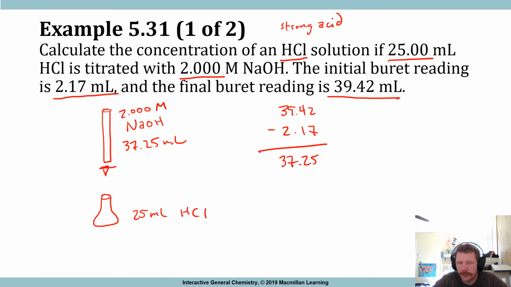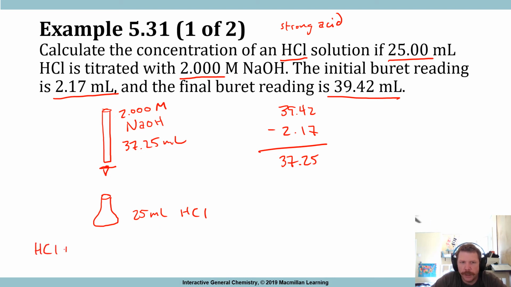Now essentially what this shows us is we know the concentration of sodium hydroxide, we know the volume of sodium hydroxide that we added, we know the volume of HCl that we used. What we don't know is the concentration of that HCl solution, which is what we're asked for. And what I like to do is set up an equation.